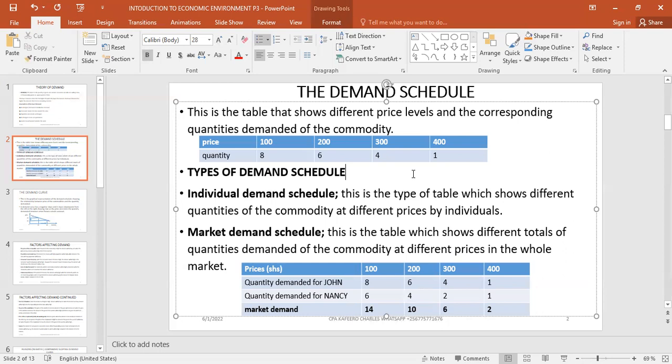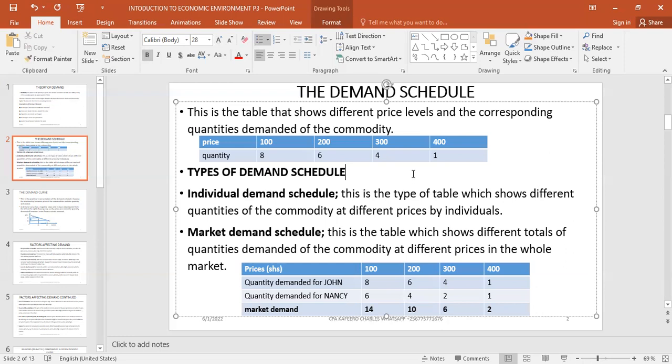But here the scenario is, since it is talking about demand, it has to be following the law of demand, whereby when the price is lower, we expect the quantity to be high. As you are seeing, when the price was 100, John bought 8 units and Nancy bought 6 units.